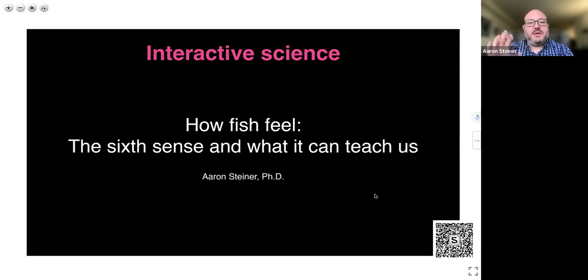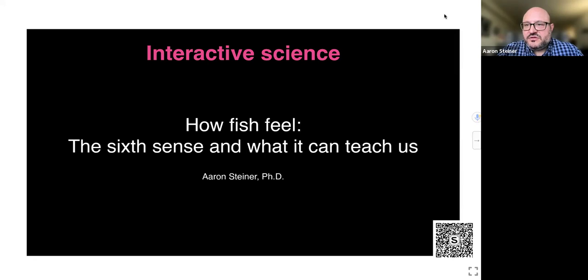For any of the images on the screen, you can use your phone, or pull them up in a browser, and manipulate the images yourself. You can zoom in and move them around. Today I'll be telling you about how fish feel, the sixth sense, and what it can teach us. Hopefully there'll be some new information in here for many of you.